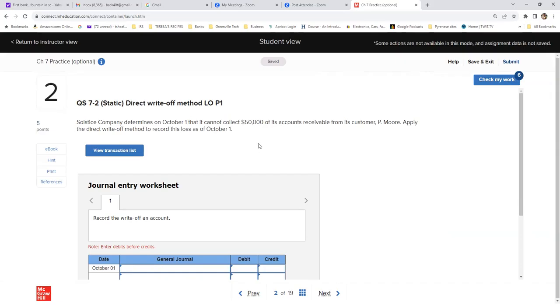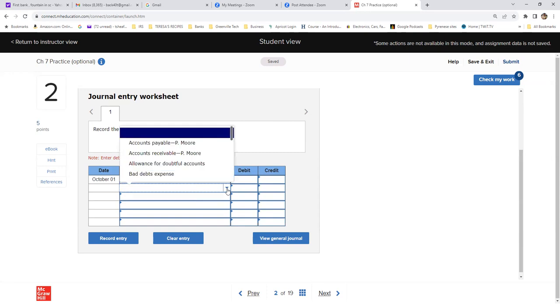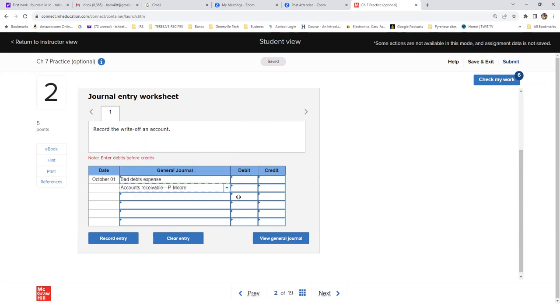Well, this is pretty straightforward. This is going to be first a debit to bad debt expense and a credit to accounts receivable. That's the direct write-off method. And the amount will be $50,000 debit and $50,000 credit.